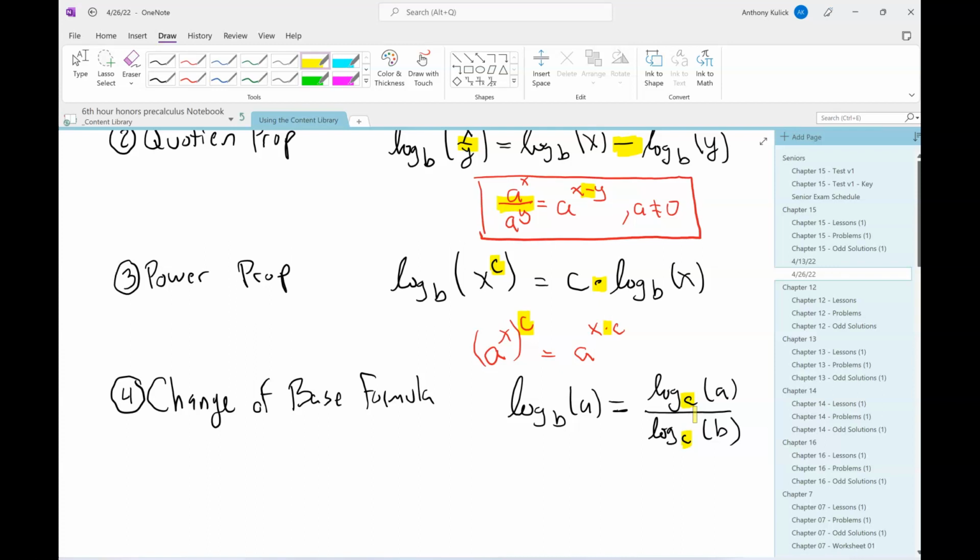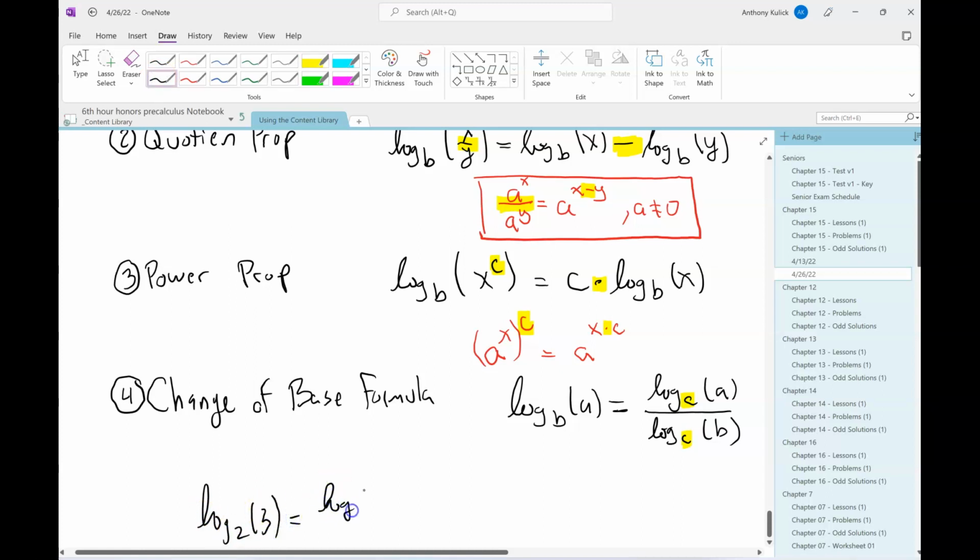If I wanted to do log base 2 of 3, I would rewrite this as common log of 3 over common log of 2. And then I'd go to the back of my textbook, find my table of logarithms, look up the value for common log 3, and then common log 2, and then type those into my 4-function calculator to divide them. That's what mathematics looked like not that long ago.